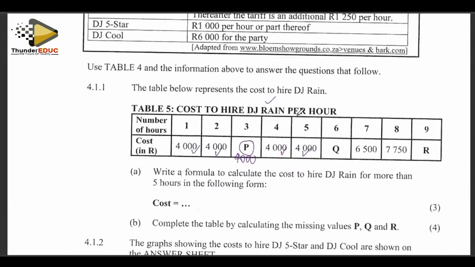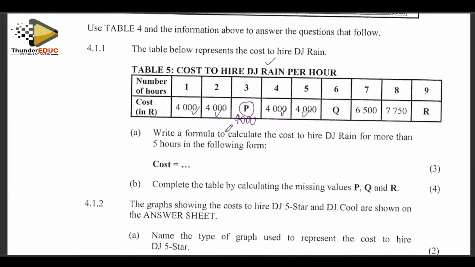All right. So now they're asking us, write down the formula. Or if you didn't write the formula, they would have asked you to write down the equation. If not an equation, you would have written the expression, to calculate the cost to hire the DJ. Now, first and foremost, pay 4,000.